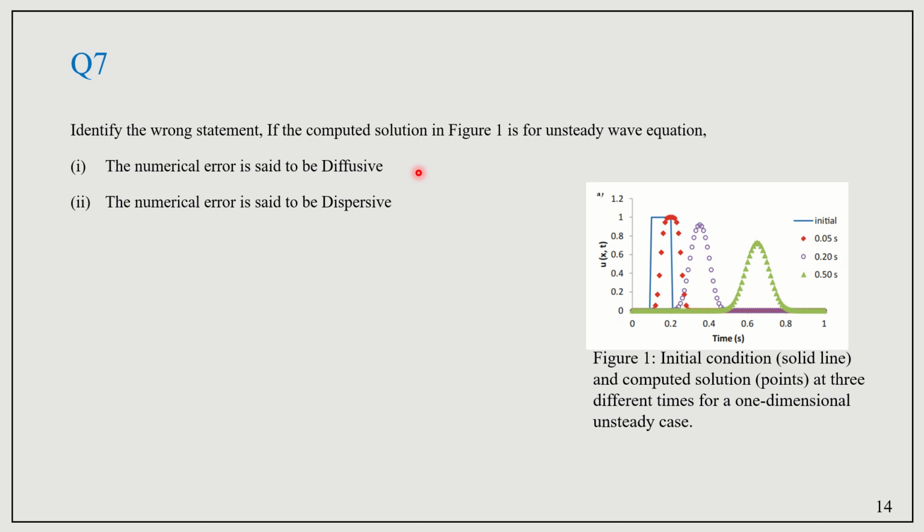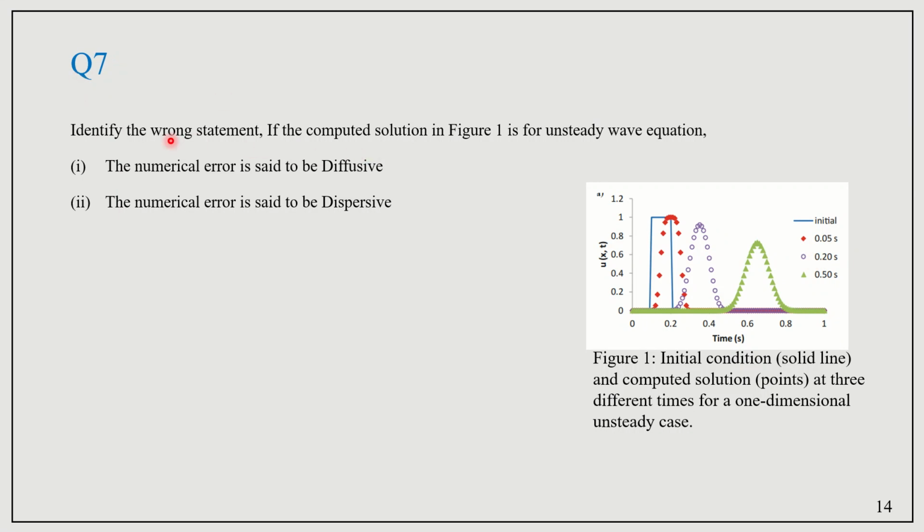When we look at this figure, we are able to see that the result is diffused and amplitude reduction is also observed, but we are not able to see any oscillations here. So it is not dispersive error, it is a diffusive error.